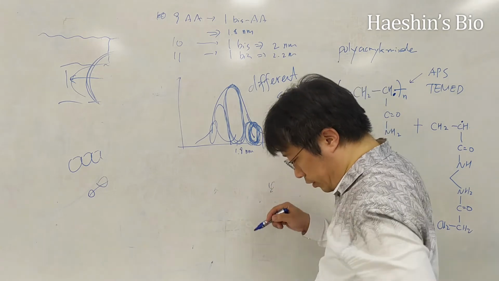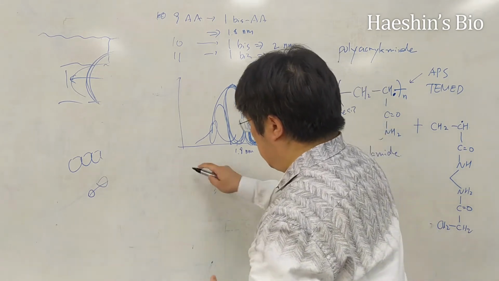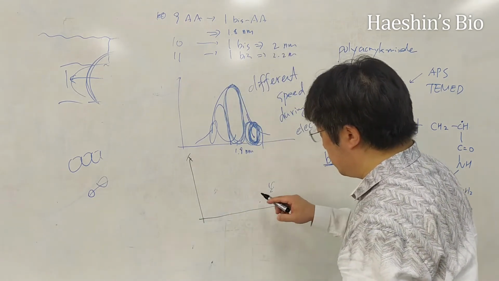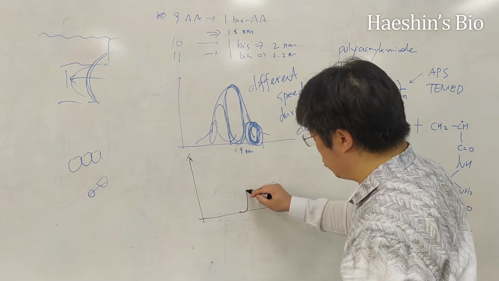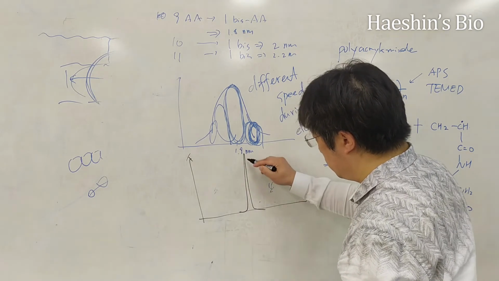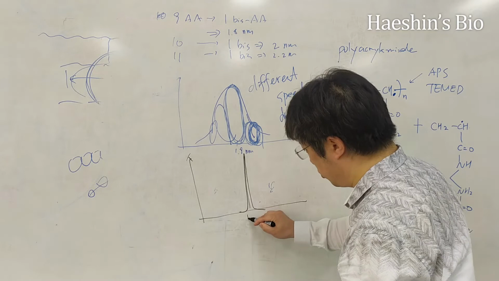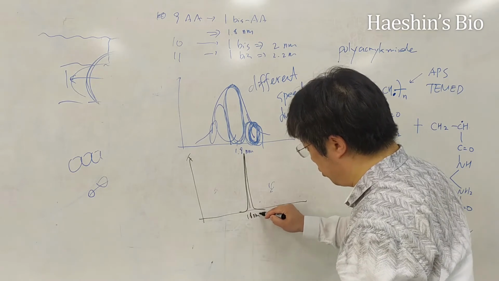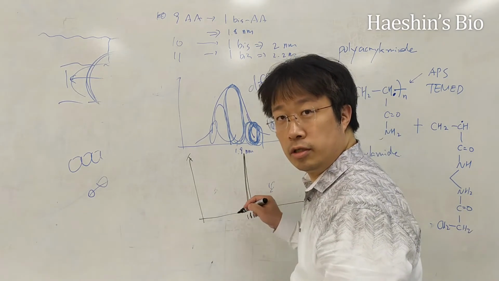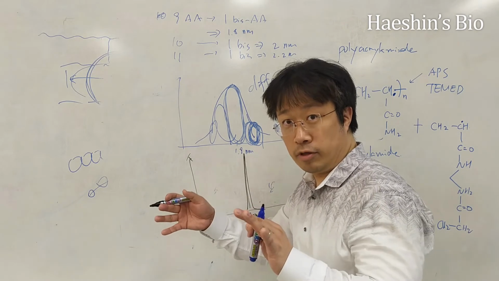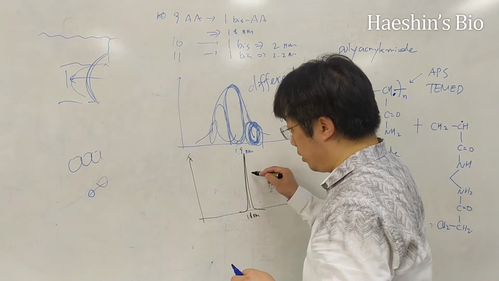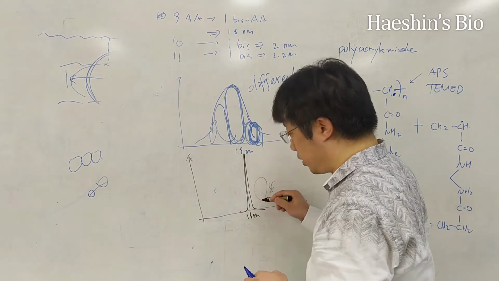If this is the gel, the hydrogel, and it's similar to a delta function, like 1.8 nanometers, and there are no other pore sizes or lengths of the polymer chain, it's impossible actually for a larger protein to travel.